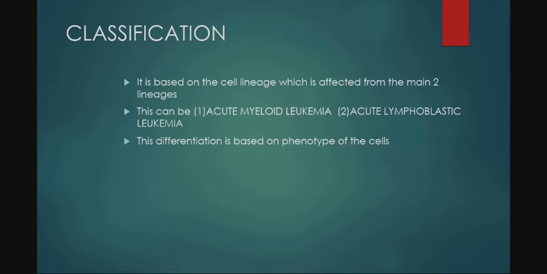So this myeloperoxidase, you can't find it in mature cells from the myeloid lineage, and you can't find it in immature cells or mature cells of the lymphoid lineage. You see? So they are special to the immature cells of the myeloid lineage. So this same myeloperoxidase can be detected by stains. Special stains can be used to detect the presence of myeloperoxidase. And you will say, okay, this blast cell is of the myeloid lineage.